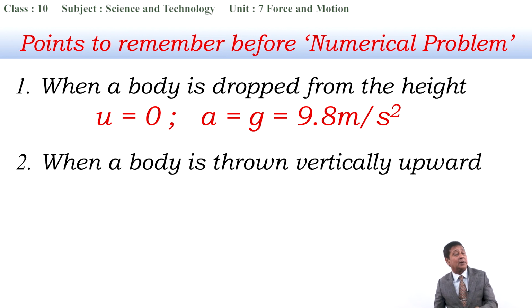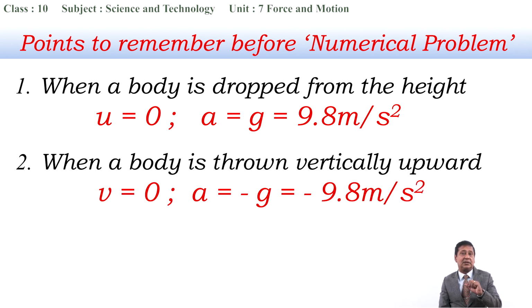And when a body is thrown just opposite, vertically upward, its velocity goes on decreasing and decreasing. At last, velocity becomes 0 at maximum height. That's why final velocity is 0. And while going up, it comes under the gravity of the earth, and because of this its acceleration becomes minus g.